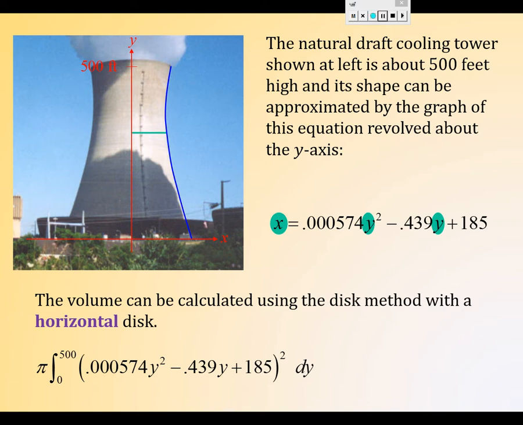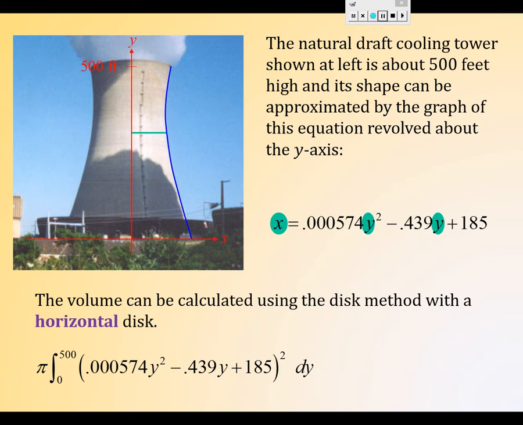But feel free to calculate that here. Start nice and easy today. Yeah, so we would maybe call these disks.